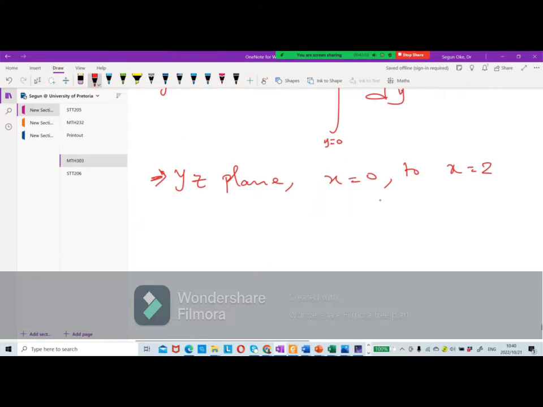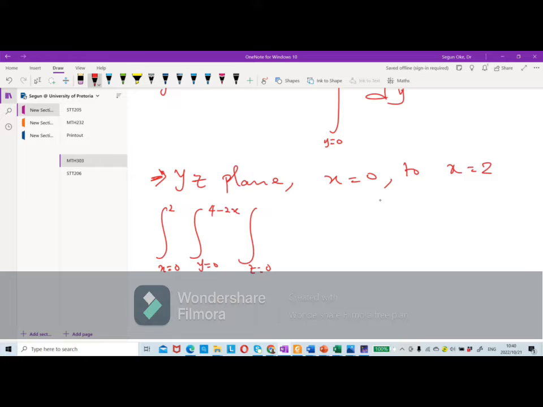So we can go ahead. Let's look at it now. For x, we have x going from 0 to 2. For y, we have y from 0 to 4 minus 2x. For z, we have z from 0 to 8 minus 4x minus 2y.